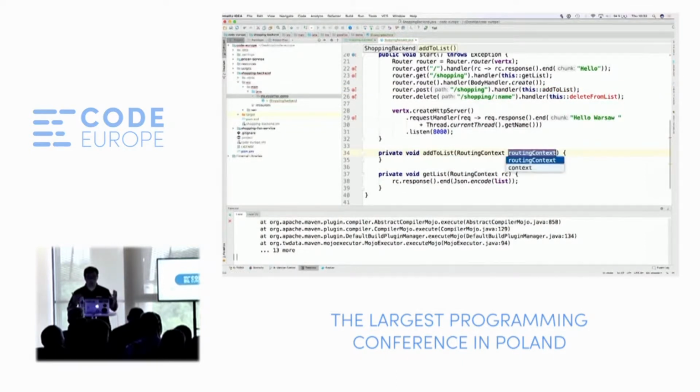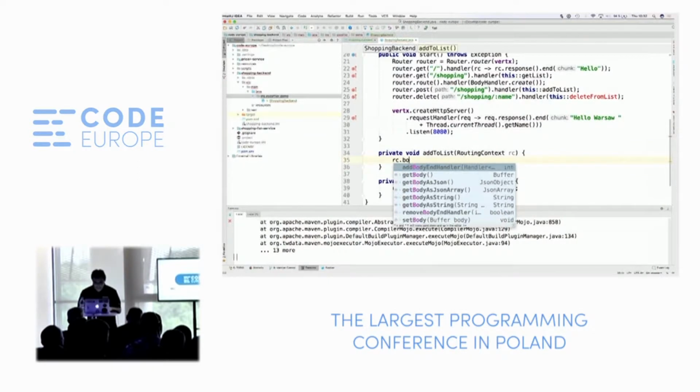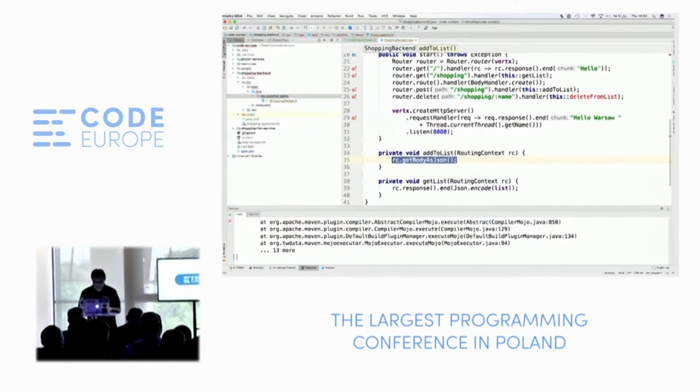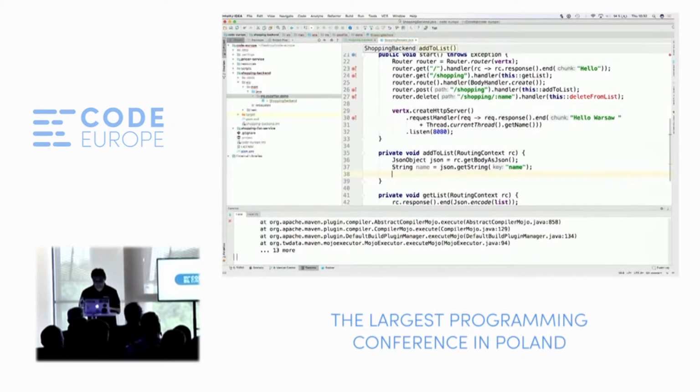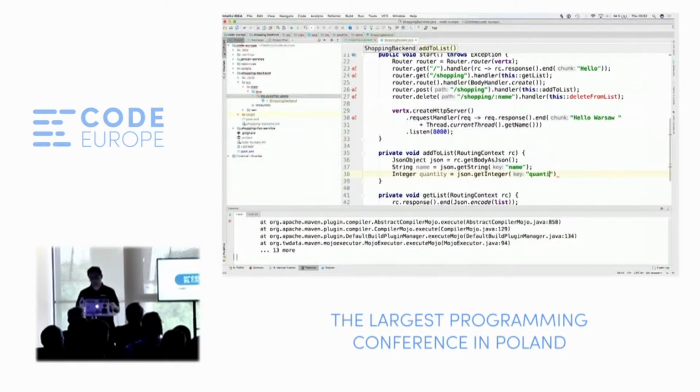Here I want to get the payload, and the payload is going to be a JSON object. So I will do body as JSON. Yes, that is going to be my body. The name of my product is going to be name, and the quantity is going to be an integer quantity, and if quantity is omitted, I would just say 1.